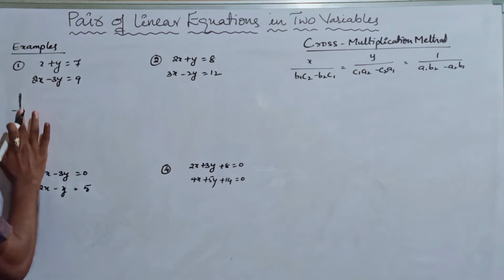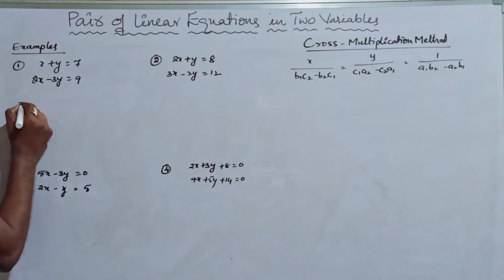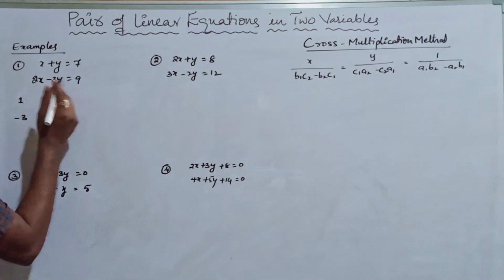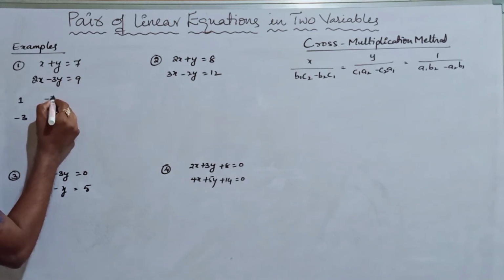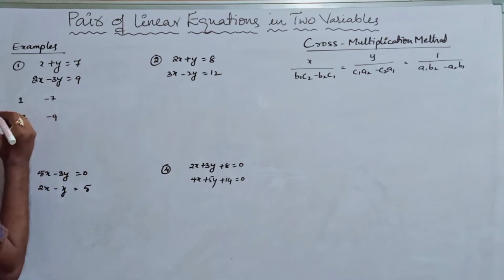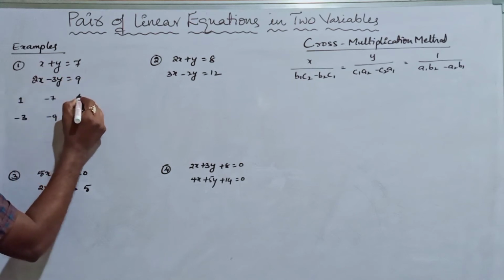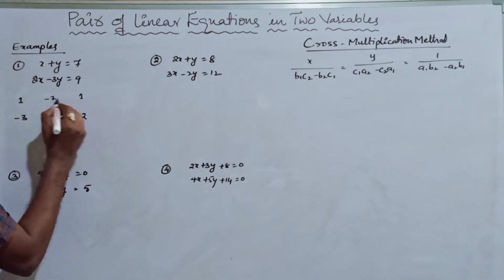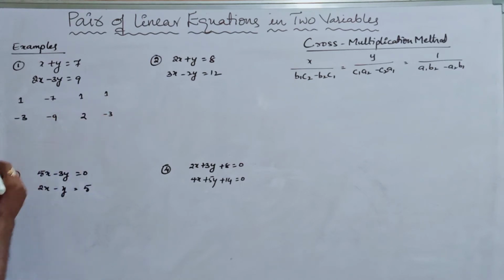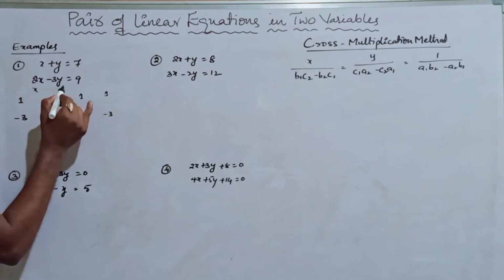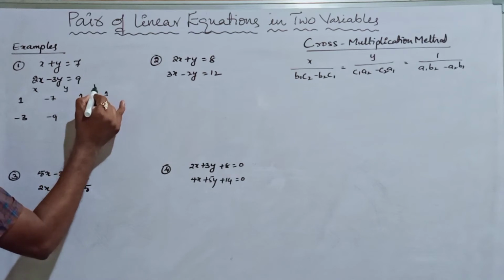Then next 1, minus 3. Then next c1 c2, minus 7, minus 9. Then next a1 a2, 1, 2. Then last also b1 b2 values, right? So here x, here y, here 1.